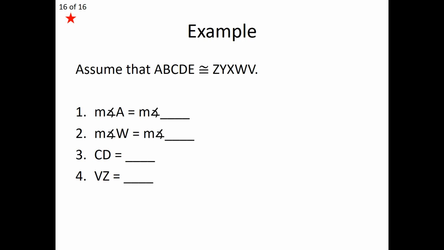Well, all I have to do is follow the position of angle A. Angle A is in the first position, which means angle Z, also in the first position, are the same, which means I can fill this in as saying the measure of angle A is equal to the measure of angle Z. Why? CPCTE. The corresponding parts of congruent triangles, I really should say polygons here. Corresponding parts of congruent polygons are equal. A and Z are equal.